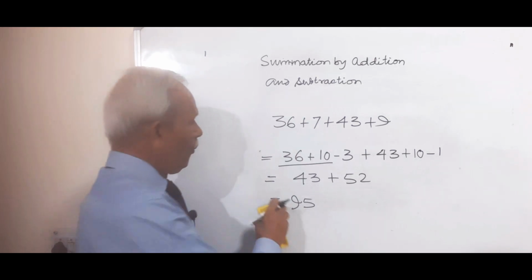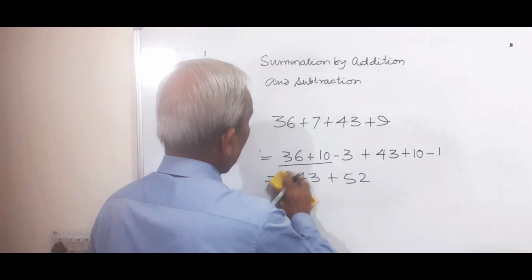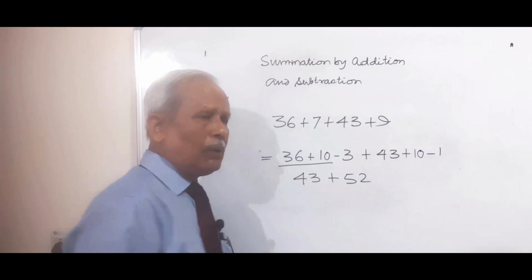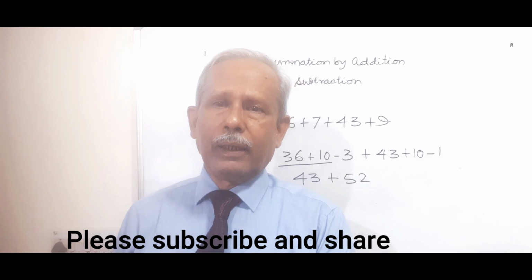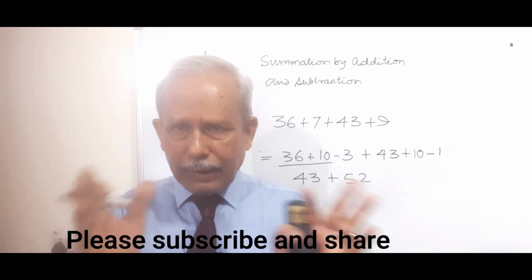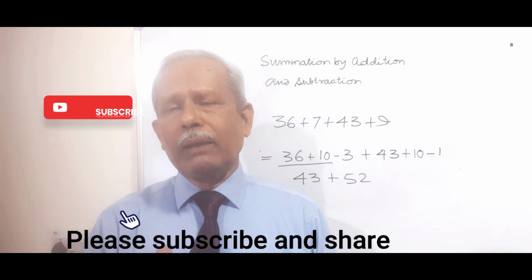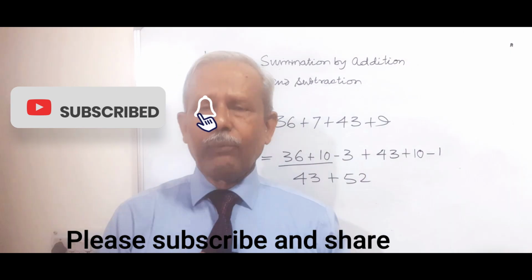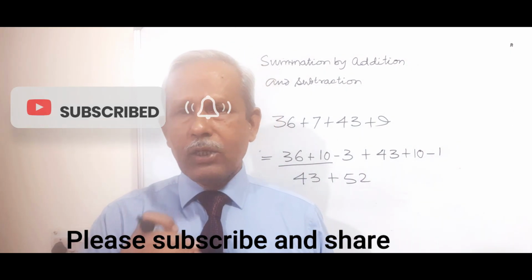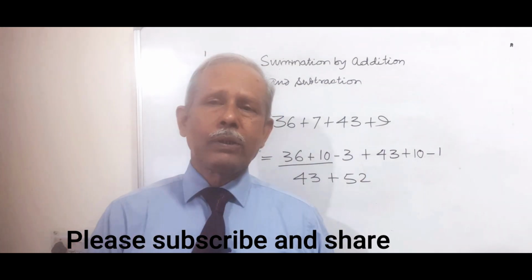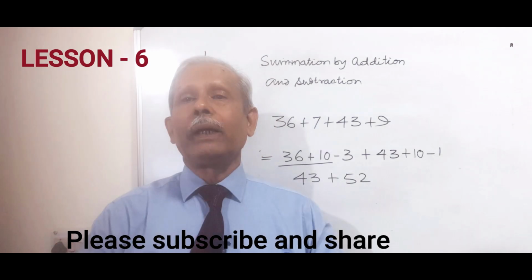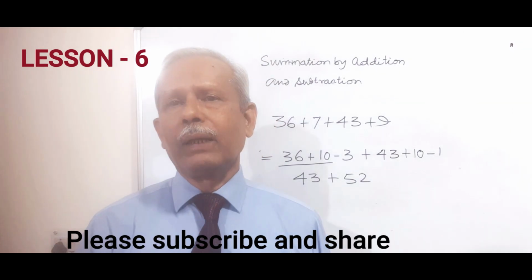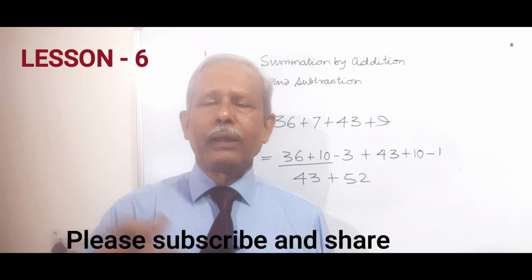Now, what have we seen today in these sums? You have seen that we can make additions more conveniently by using these techniques of Vedic mathematics. The first was splitting numbers into multiples of 10, 100 and 1000, etc., and then completing the whole, and then you have seen summation by addition and then subtraction.